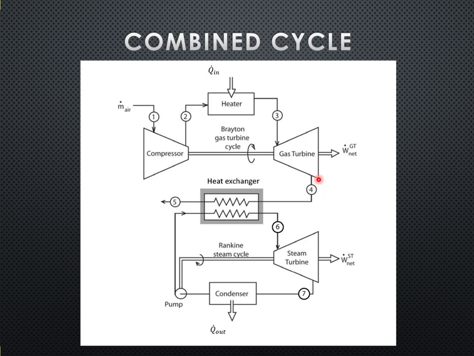So the gas is going to expand and cool down, producing the mechanical work. After that, the exhaust gases are drawn off the turbine into a heat exchanger or a boiler. The gas turbine process is an adiabatic and isentropic process.